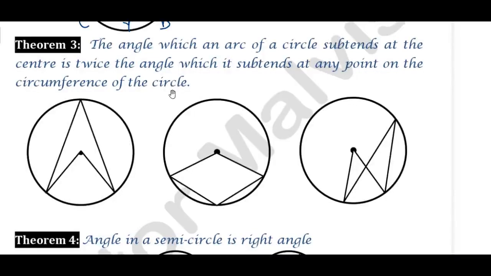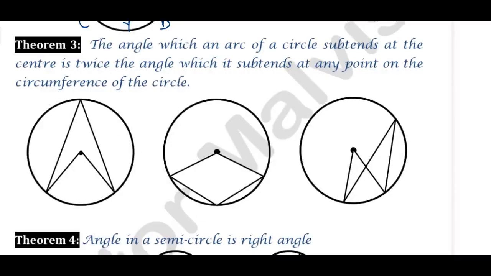So the short way to put this theorem is angle at the center is twice angle at the circumference. All right, but to be on the safe side, make sure that you know that the same arc is the one subtending the angle at the center, is also the one subtending the angle at the circumference.